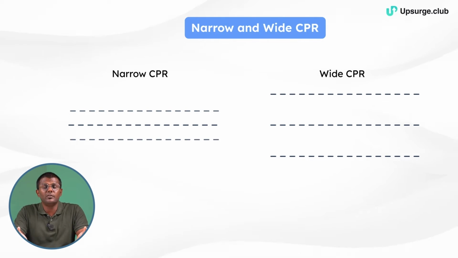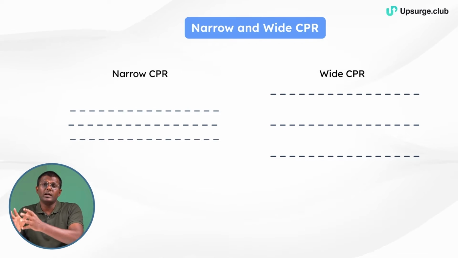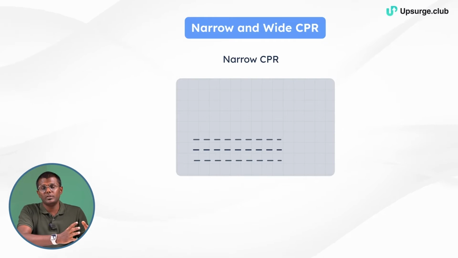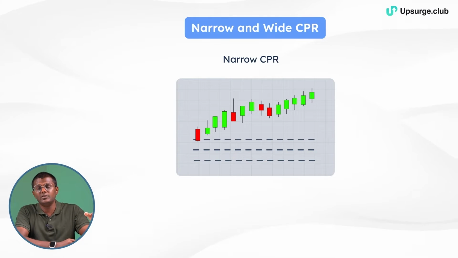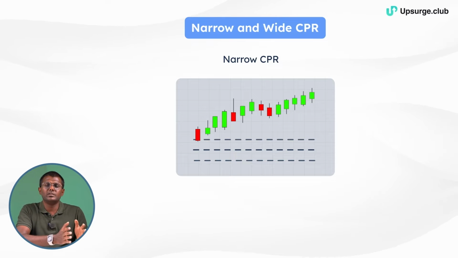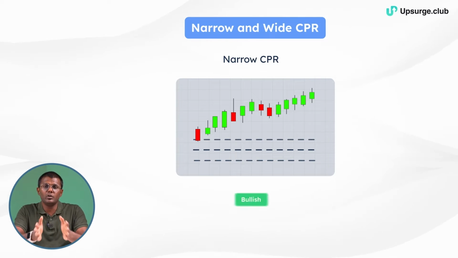Now, what is the significance of this narrow and wide CPR? Whenever there is a narrow CPR, we can anticipate a trending market. And whenever there is a wide CPR, we can anticipate a range bound market. On a narrow CPR day, if the candles are sustaining above the daily CPR, then there are higher chances the market is going to be bullish.